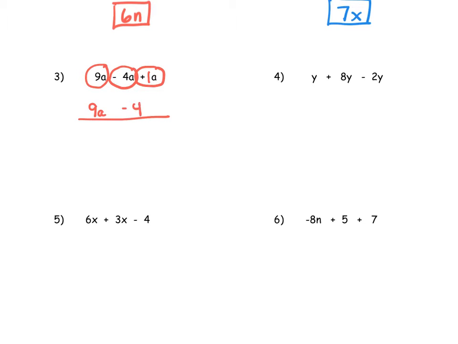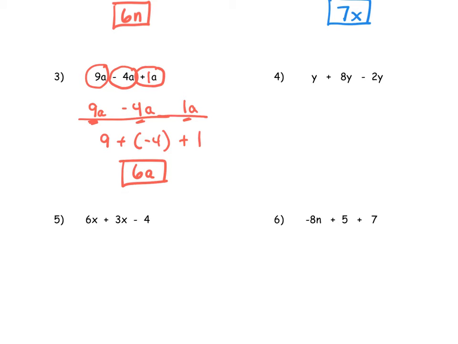I'm going to drop that minus 4a down as negative 4a, and that plus 1a is going to become positive 1a. So we're combining the coefficients, and combine means we're going to add them. When I add 9 plus negative 4, I get 5. Positive 5 plus 1. Oh, I have 6a.